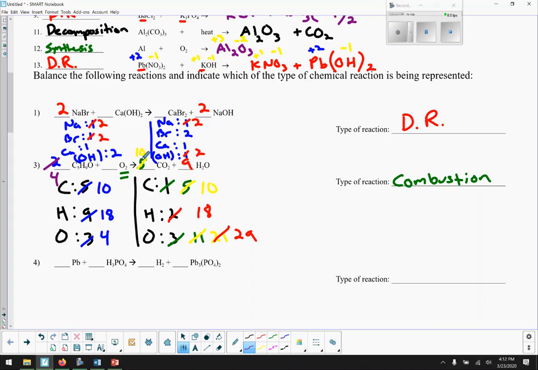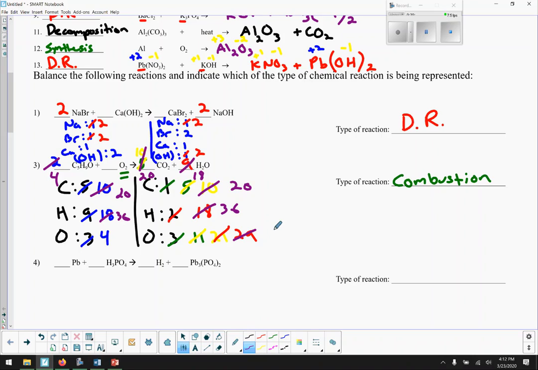But I'm going to double this to 4, double this to 20, double this to 18, and that'll give me 20, 36, 36, 20, and 48, I believe. 29 times 2 is, no, that's not right at all. It's 58. I can do math sometimes, I swear.